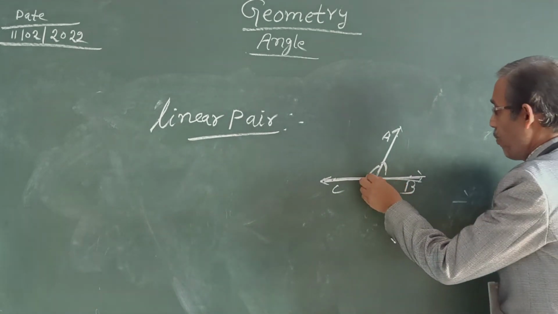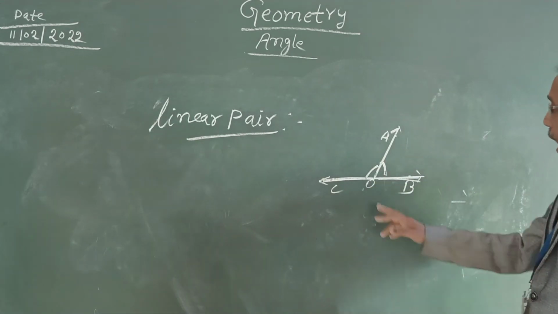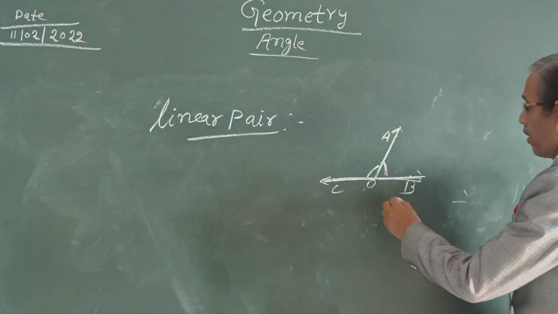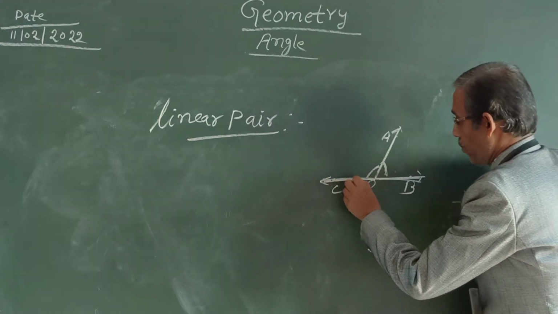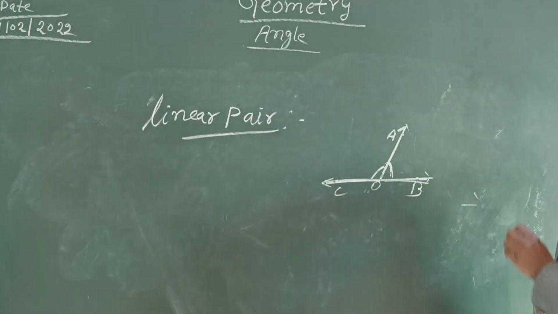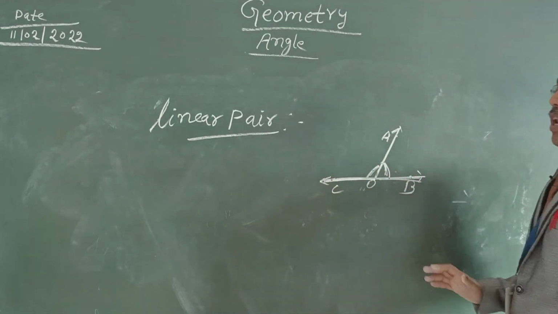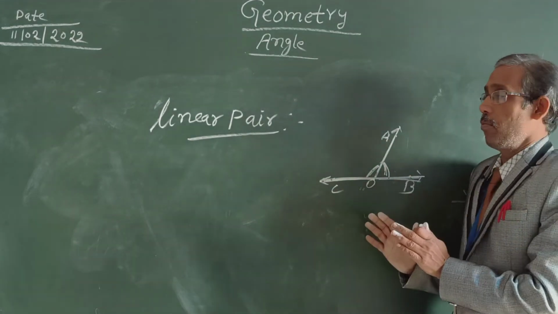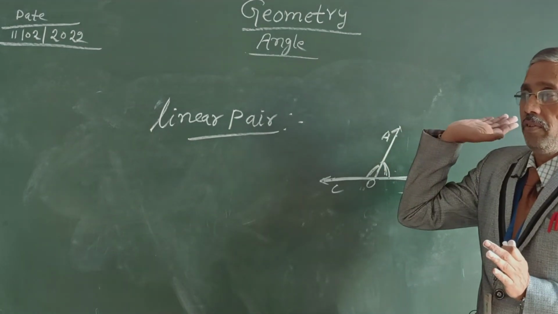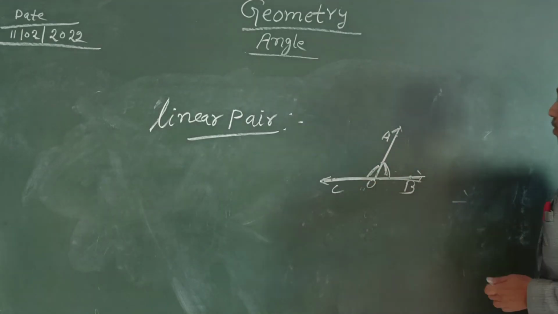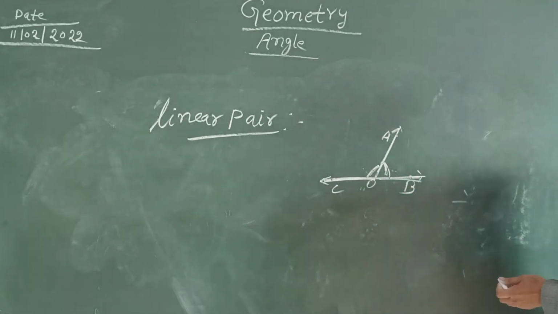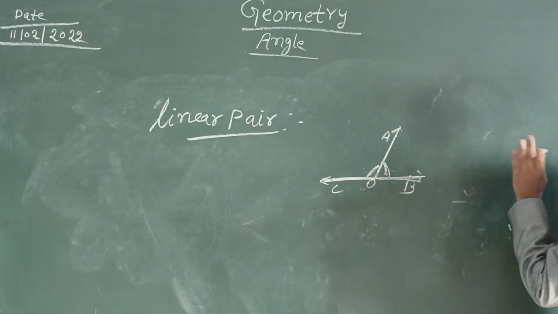Okay, then that pair of adjacent angles will form linear pair. Okay, in condition of linear pair, sum of pair of adjacent angles will be 180 degree.